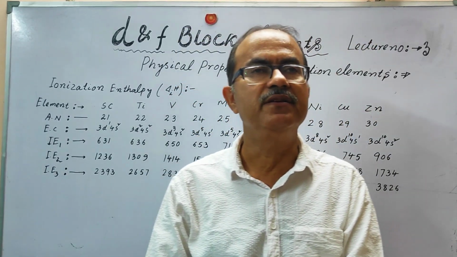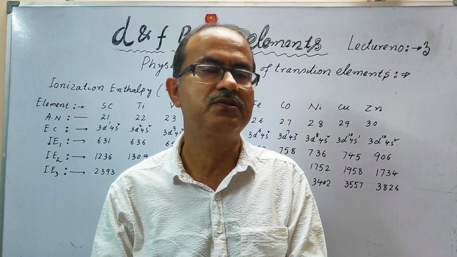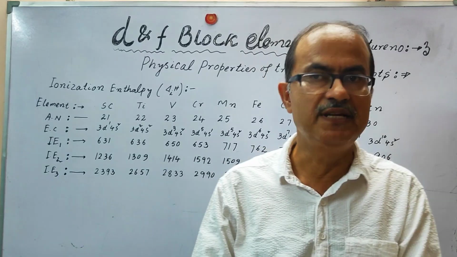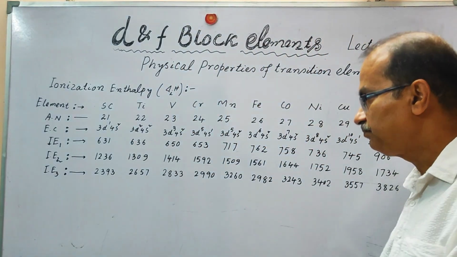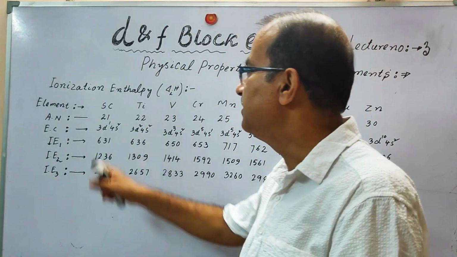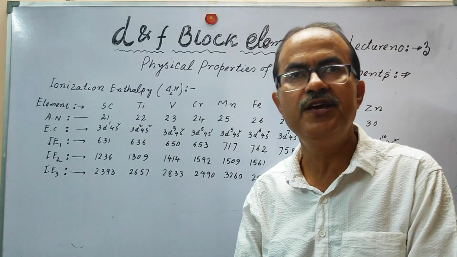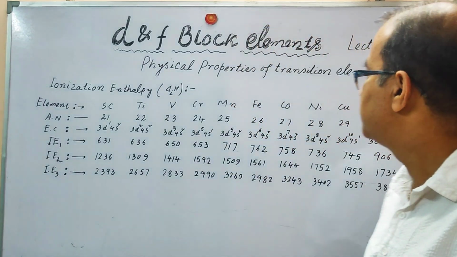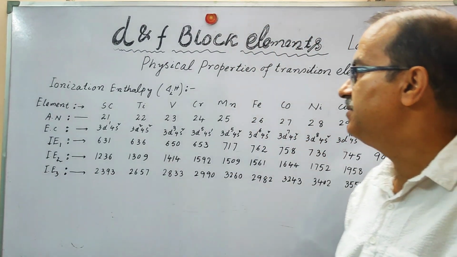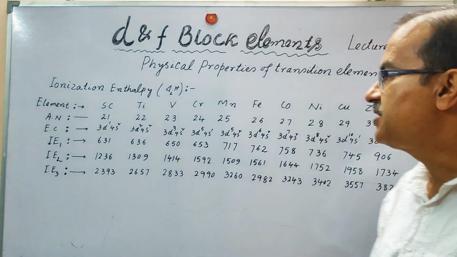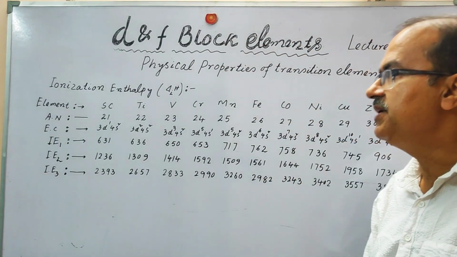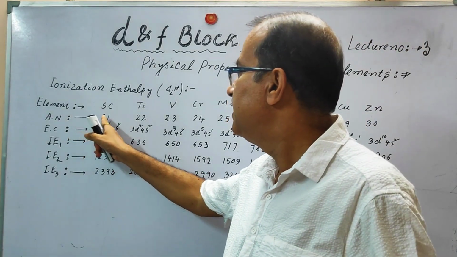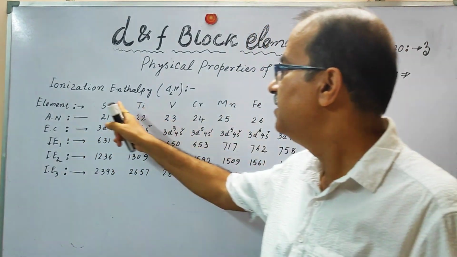But what is the trend when we focus on the d block elements of the different series? You can easily understand that from this table. In this table, the 3d transition elements are given, the 10 elements.